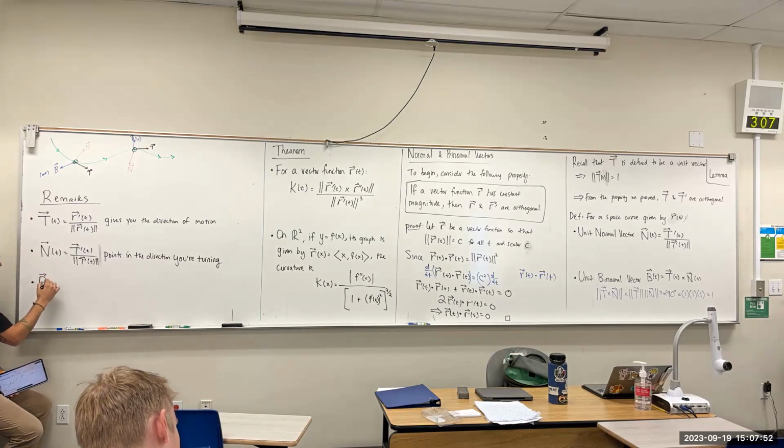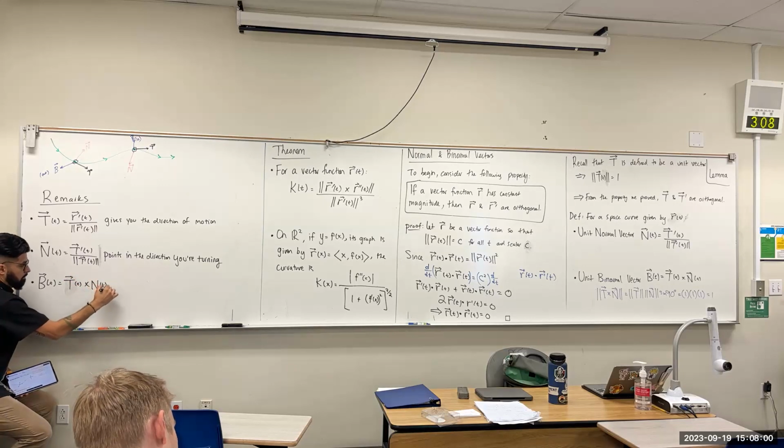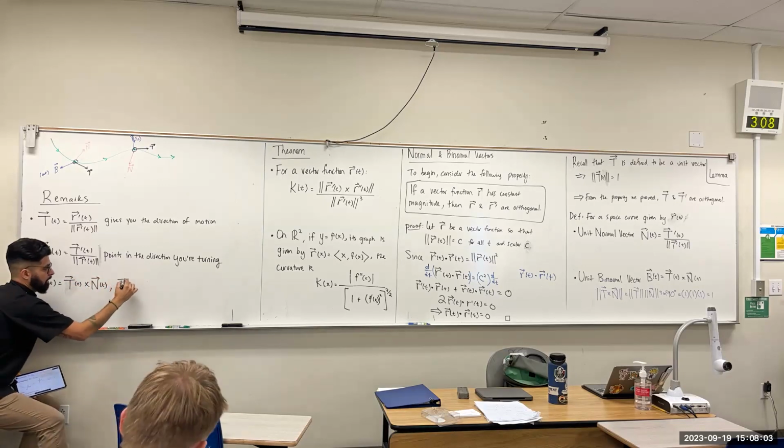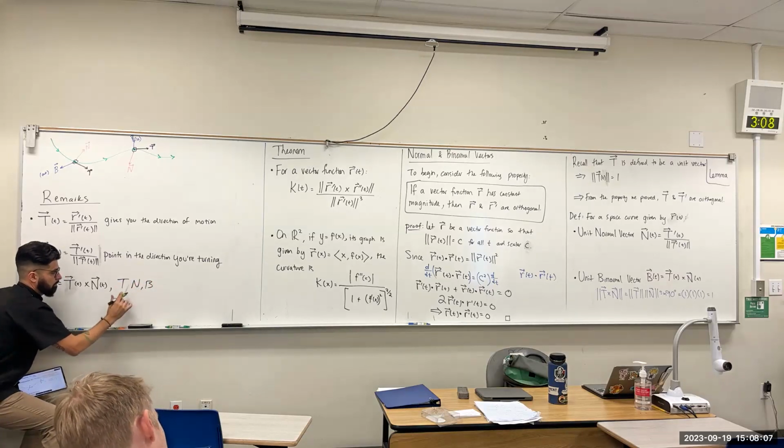B is the cross product of these two vectors. And then we have that T, N, and B are all orthogonal.